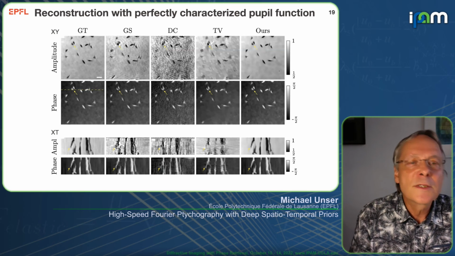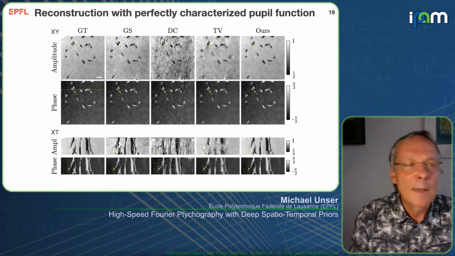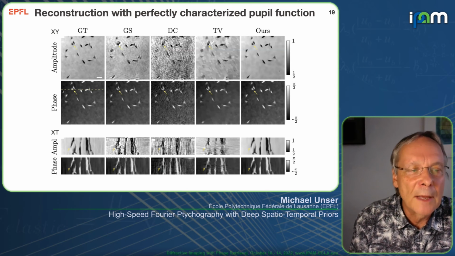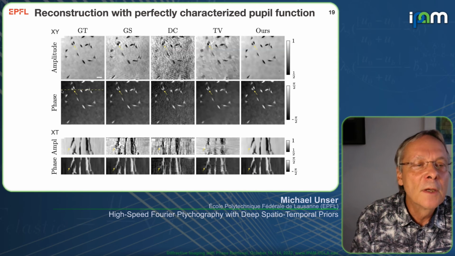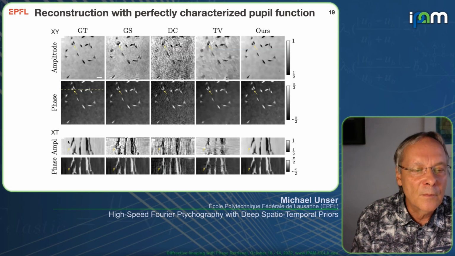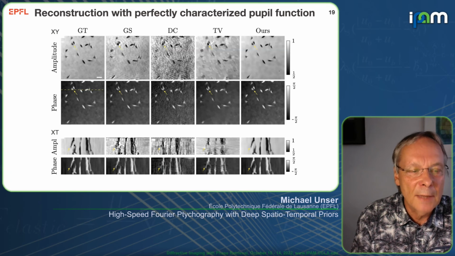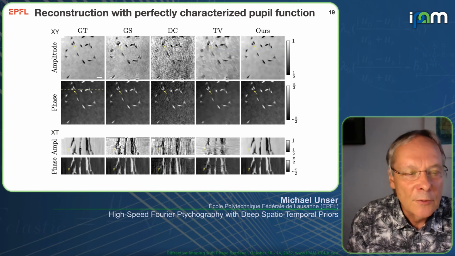And then this is static, at a given time frame, but we can also look at dynamics. So let's take a line here and look at the variation in time of this line. This is the line changing in time, with respect to the ground truth.